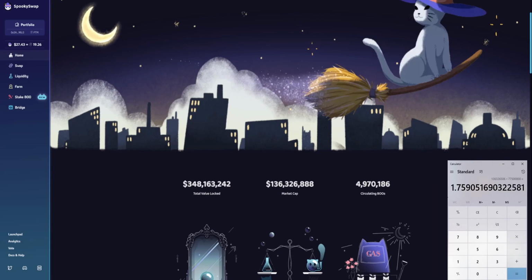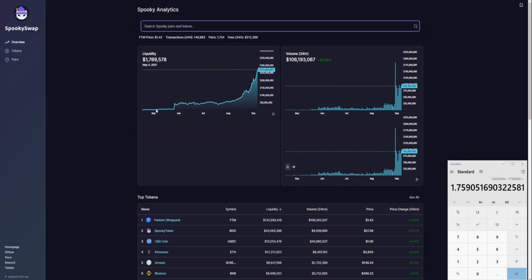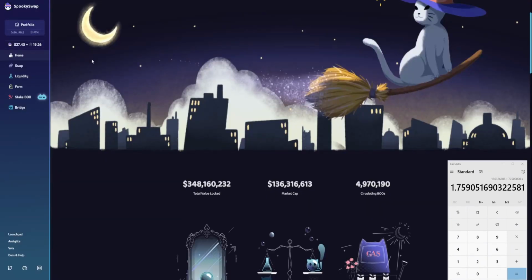So these new DEXs that have insane growth potential, and you can see the growth happening right now with the current liquidity going up and the volume going up, these tokens and Spookyswap Dex have the potential to be valued at huge multiples of the current revenue that it's generating.